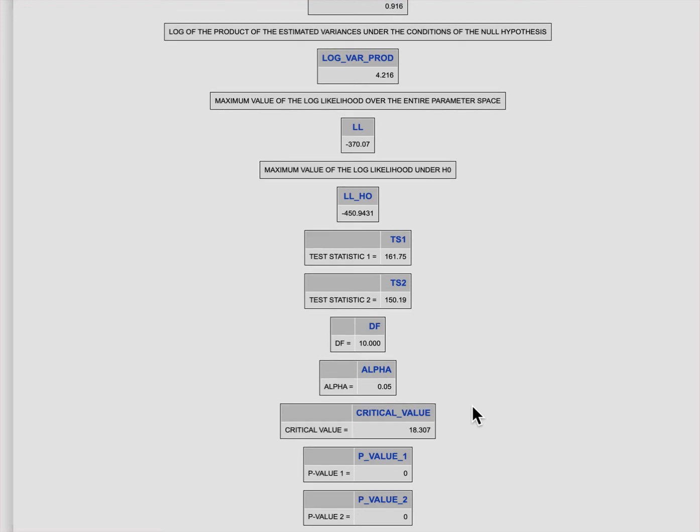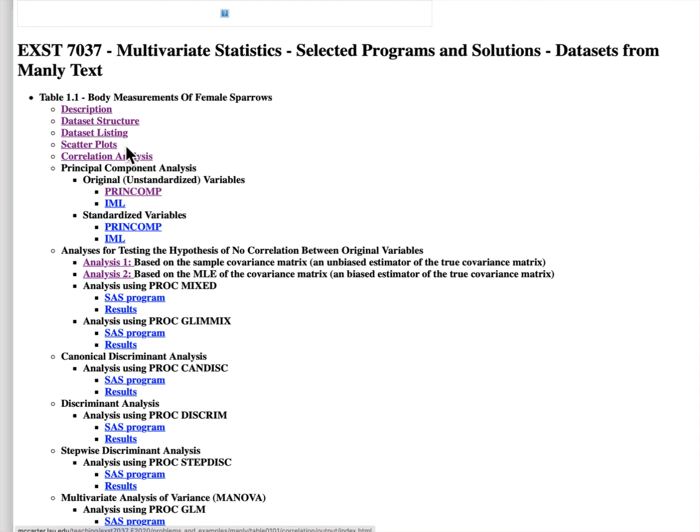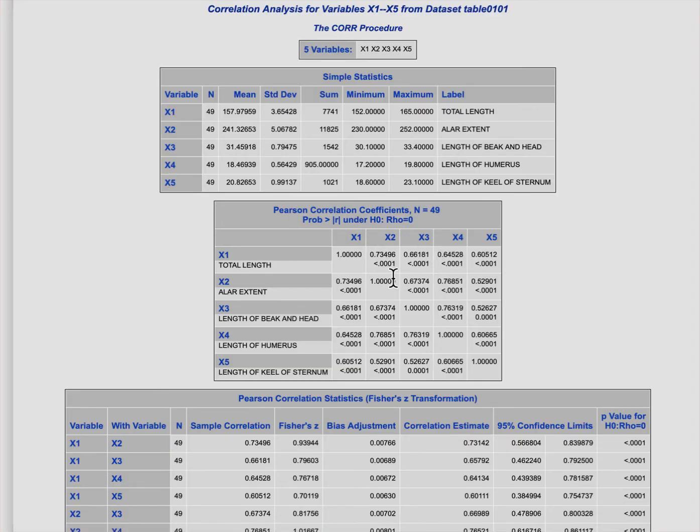Okay, at least one pair of the response variables has a non-zero correlation. And so we can test the null hypothesis that all 10 of these correlations are zero against the alternative that at least one of the correlations is non-zero.